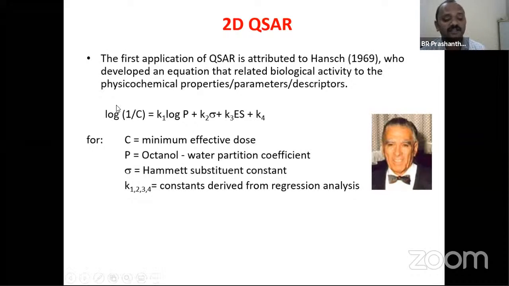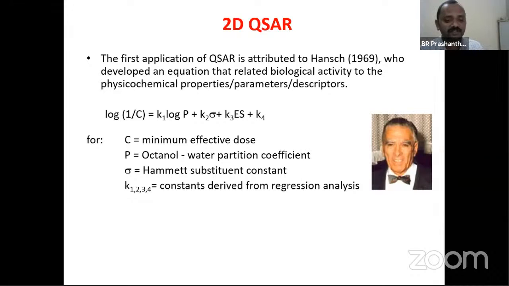So by looking at the structure, if we calculate the physicochemical parameters, using a computer or manually, and fit them into that statistical equation, you can always predict how much the activity of that particular drug structure will be.